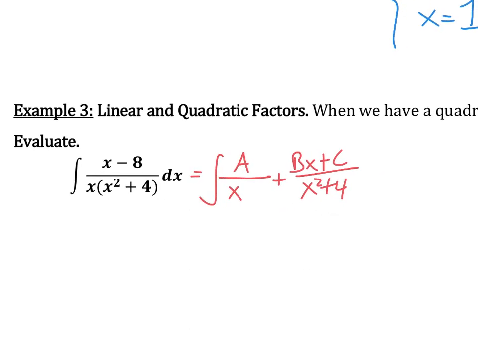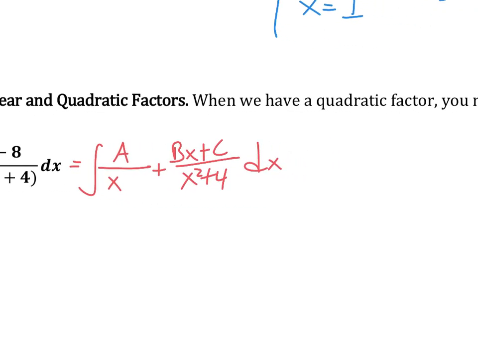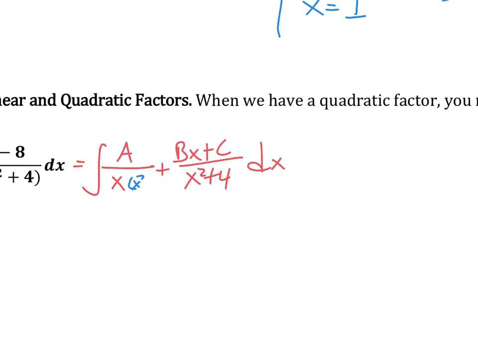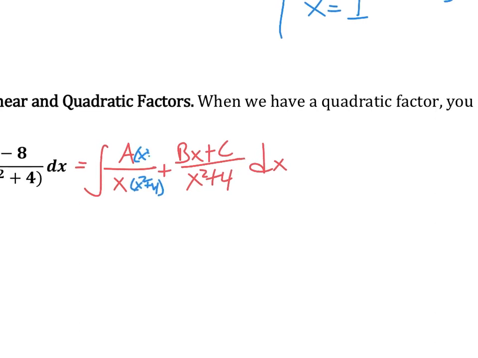All right, and we're going to find out what makes this x minus 8 equal to this. Well, first before we do that, we've got to make one fraction here. So let's make one fraction out of this. So we're going to multiply top and the bottom here by x squared plus 4. And on top and bottom. Okay, so we're getting a common denominator.